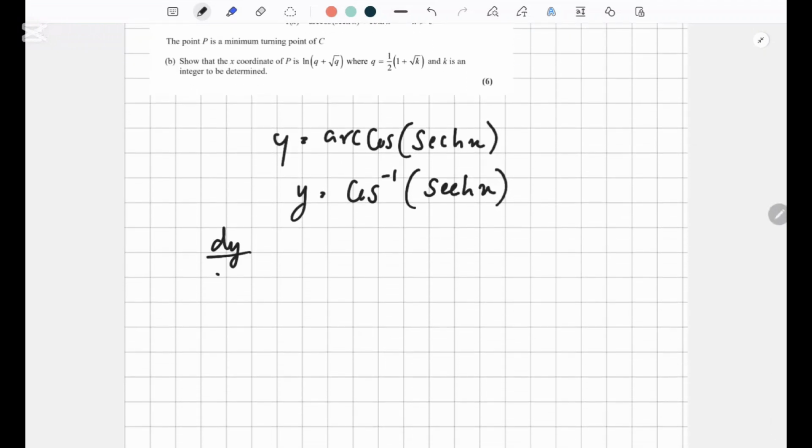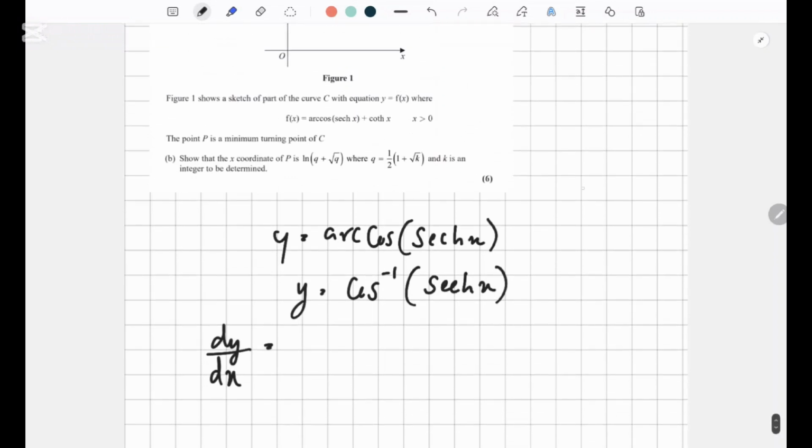So dy over dx equals the differentiation of cos inverse x, which I'll write separately: cos inverse x differentiates to minus 1 over root 1 minus x squared.